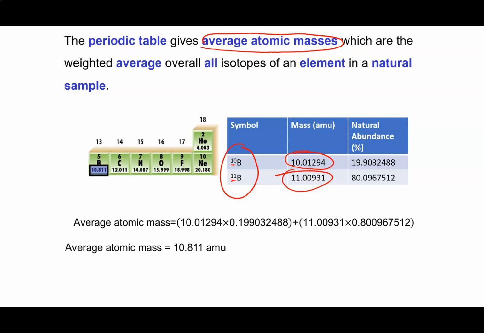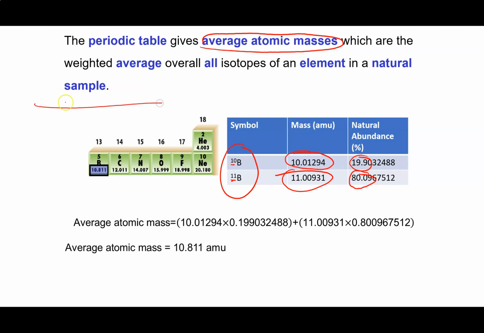Now, what's cool is that in any natural sample of boron, the proportions of the 2 isotopes are effectively constant. They're almost constant. And it's found that you get about 19.9% of the lighter isotope and about 80.1% of the heavier isotope.